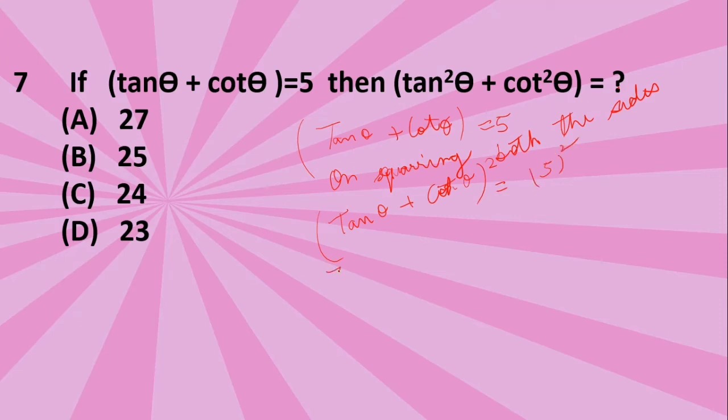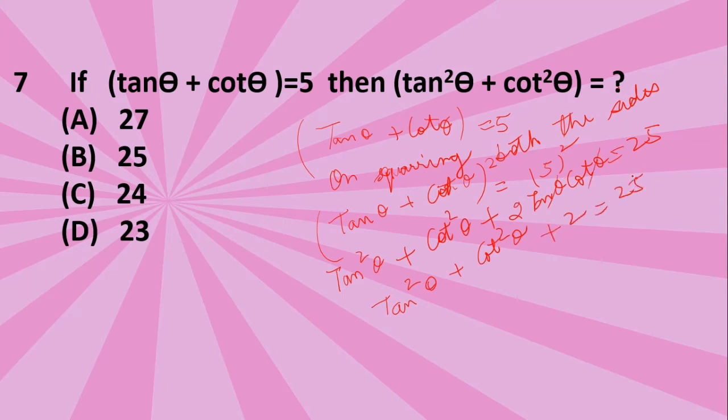Okay, so it will be tan square theta plus cot square theta plus 2 tan theta cot theta equals 25. Now you know cot theta is 1 upon tan theta, so you can cancel this, plus 2 is 25, or tan square theta plus cot square theta equals 25 minus 2, that is 23. So the correct answer is D.